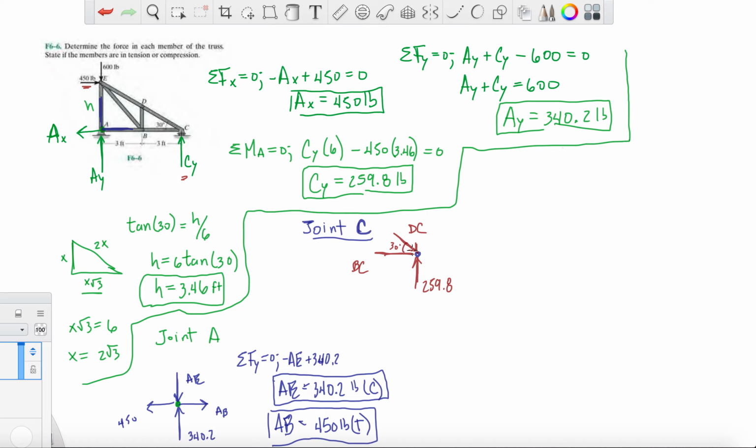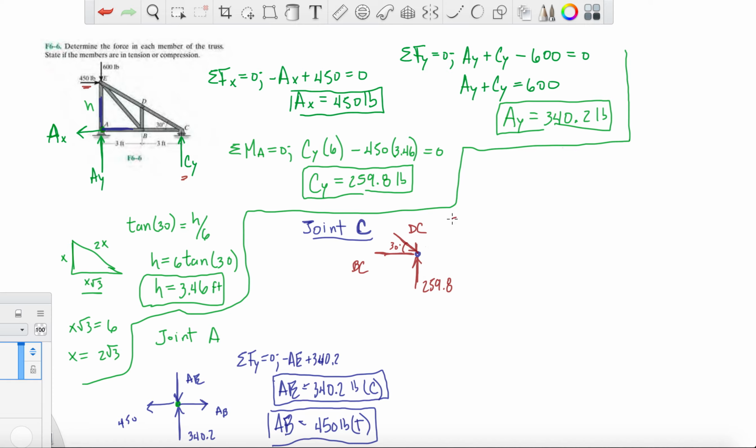The reason why is because when we break this into the DCX and DCY components, the DCY component has to counteract this CY force. So it has to be going down. That way, 259 minus 259 equals 0.